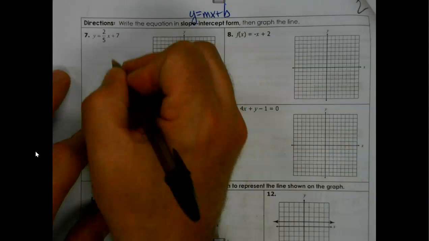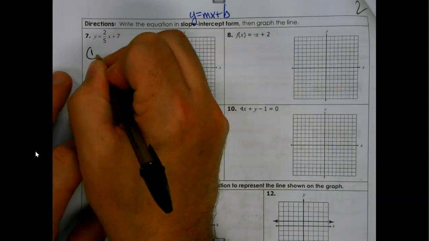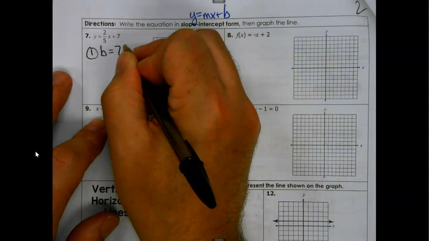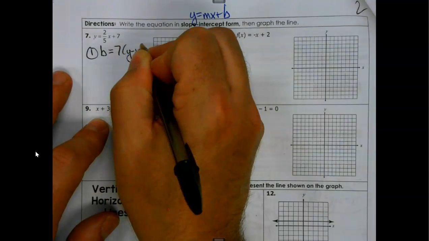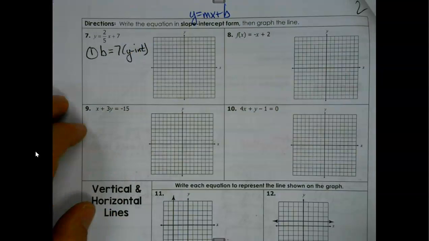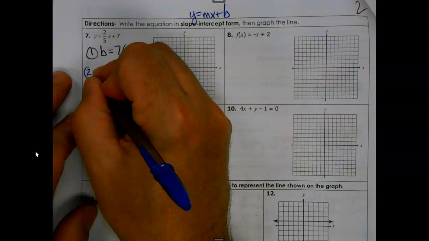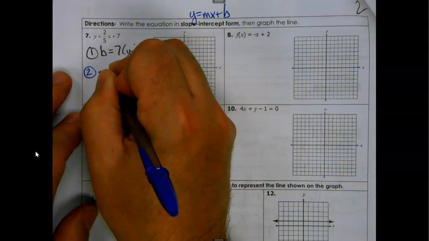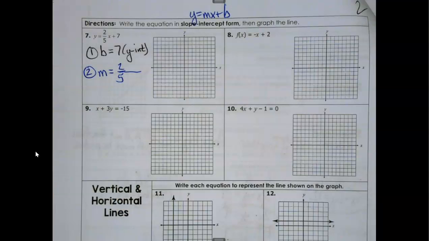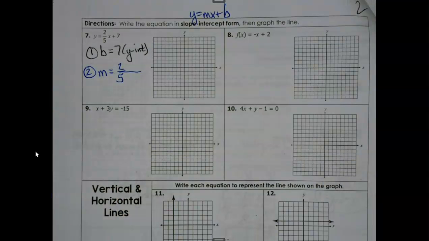So here, when I do these, the first thing I always want to do is label my y-intercept. When we do it this first time, I'm even going to put words with it here. And then second is when we're going to want to look at our slope and figure out what directions we're going to be going.